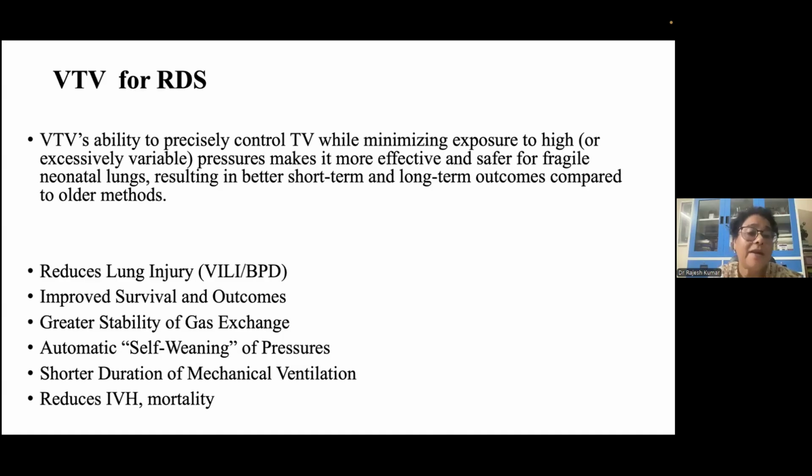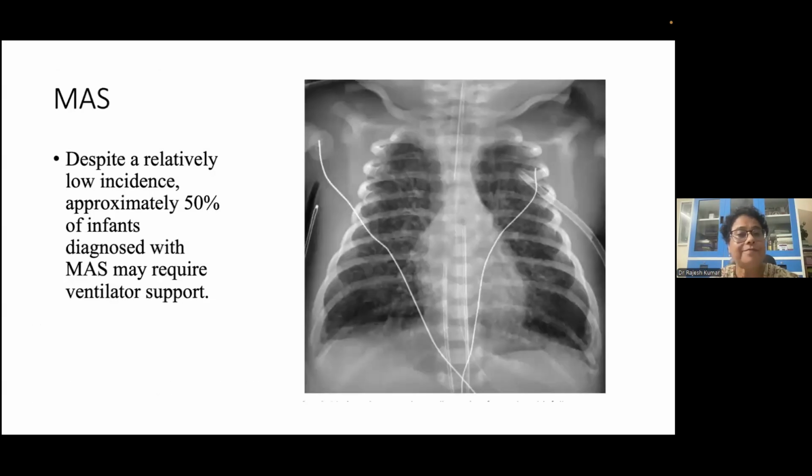It improves survival as well as outcomes. And there is also greater stability of gas exchange, automatic self-weaning of pressures, shorter duration of mechanical ventilation, as well as it reduces IVH and mortality. So it has a lot of advantages over the TCPL, which we had been using since a long time.